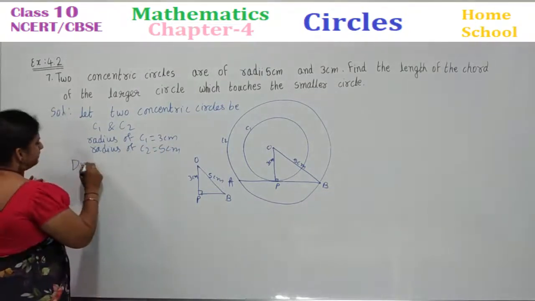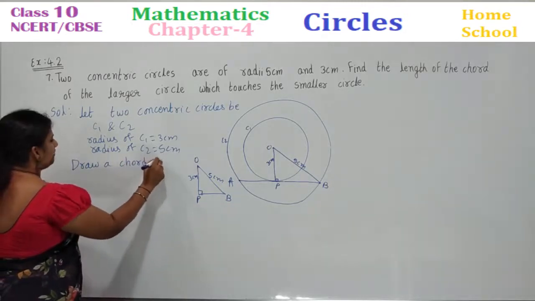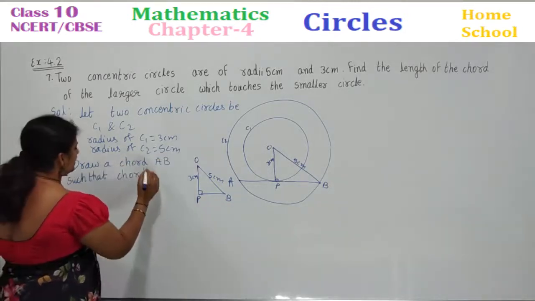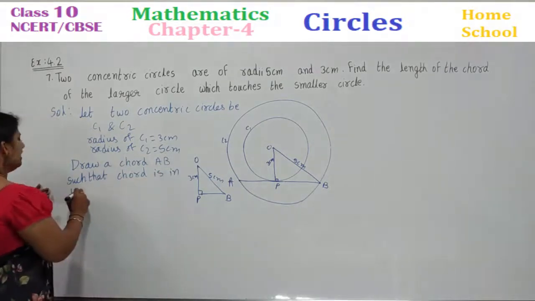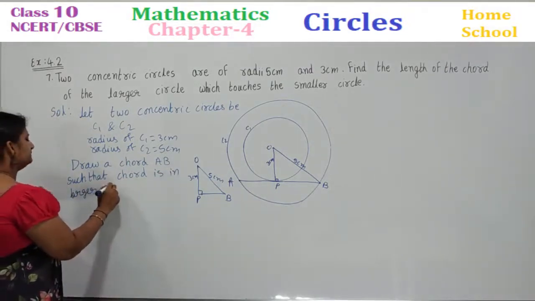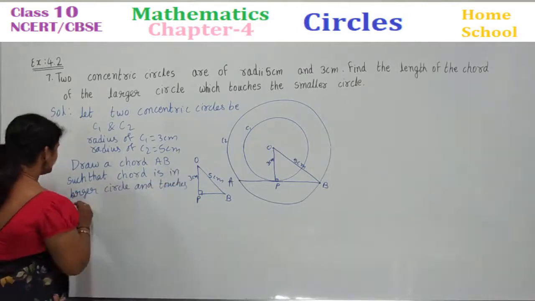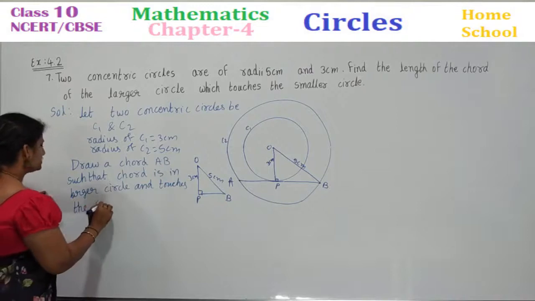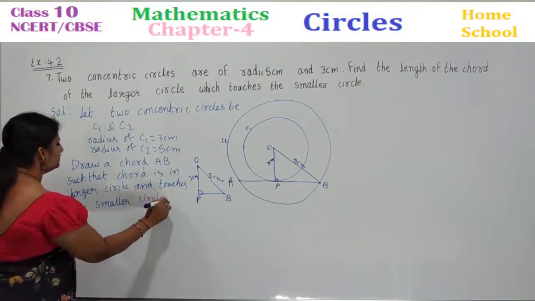Next step, draw a chord AB such that the chord is in the larger circle and touches the smaller circle, right?